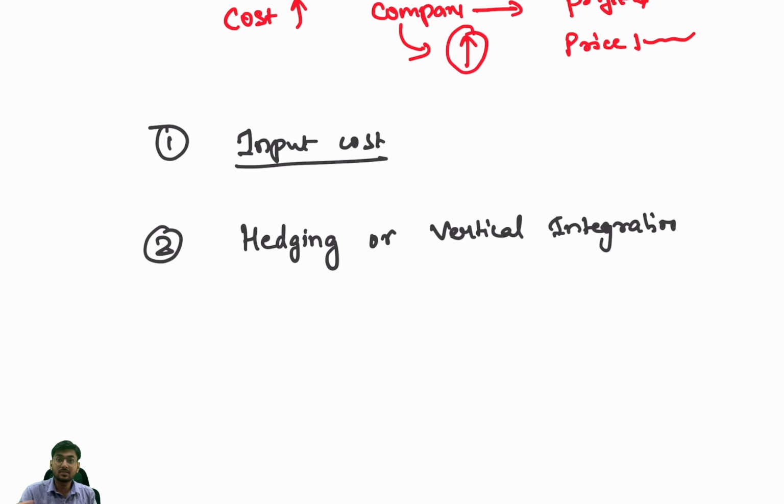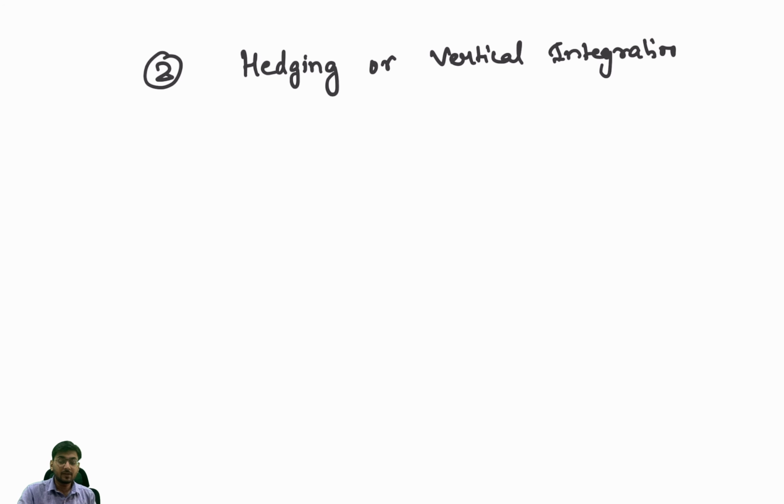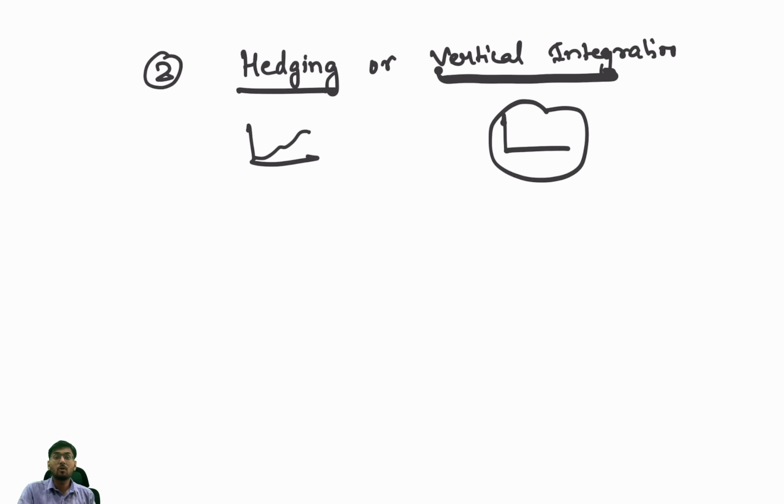Bring that business into our business. Means, if I'm afraid of rising oil prices, what I'll do is buy an oil company, so that profits also come to my pocket only. Clear? So either I can go for hedging or I can go for vertical integration.